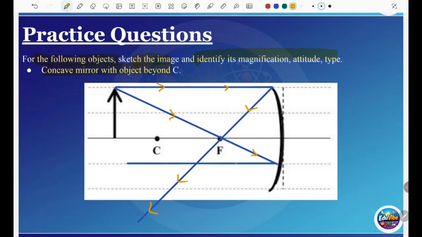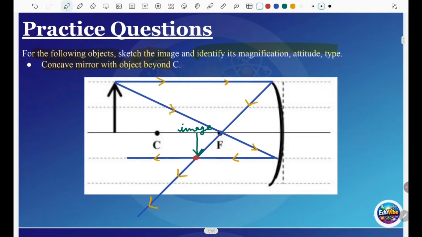So this and this, and you will get your image over there, which is an inverted image. So make the inverted arrow like this. This is your image.